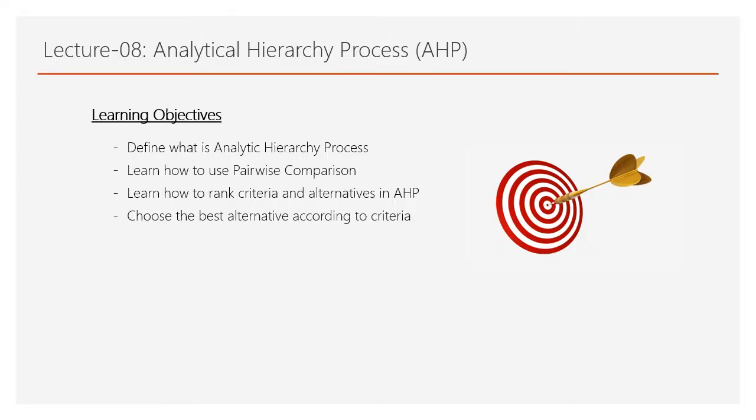So basically in this lecture we will be defining what is AHP, and we will be learning about how to do a pairwise comparison, which is a very important step in the AHP process. Then we'll be learning how to rank the corresponding criteria and alternatives in an AHP framework, and last, choose the best alternatives that we have according to the corresponding criteria that we have used in our AHP analysis.